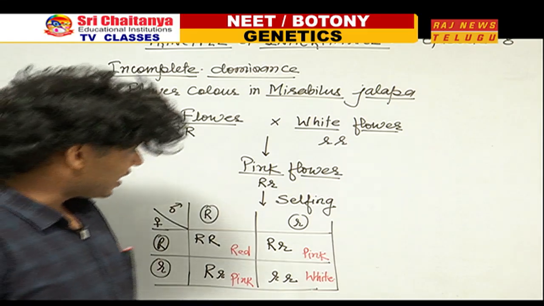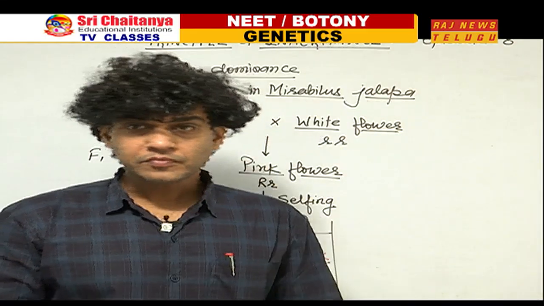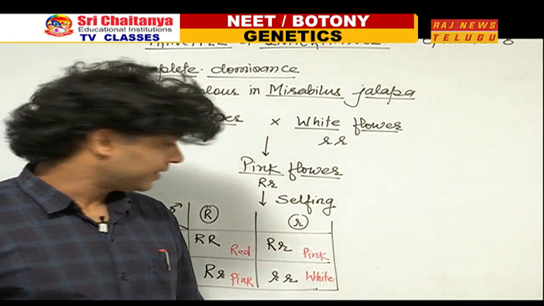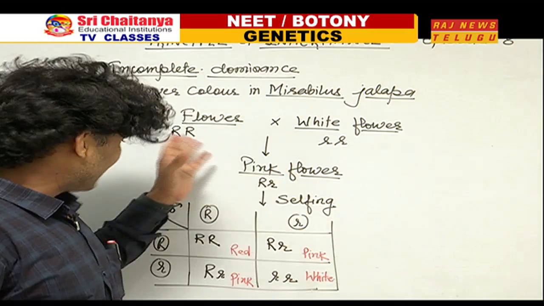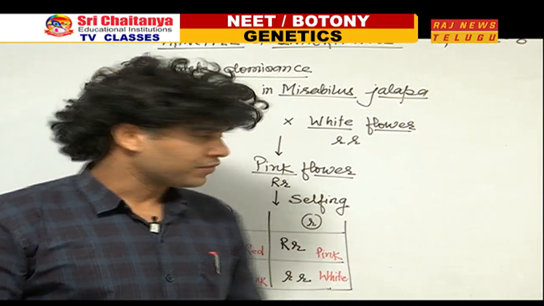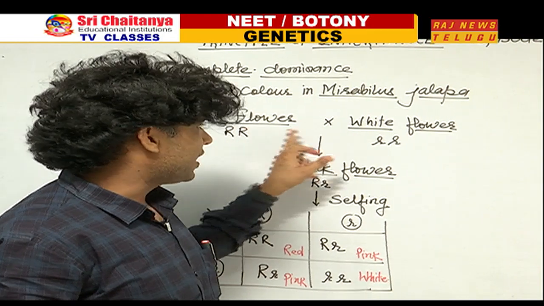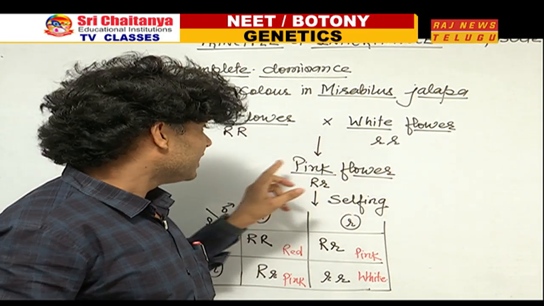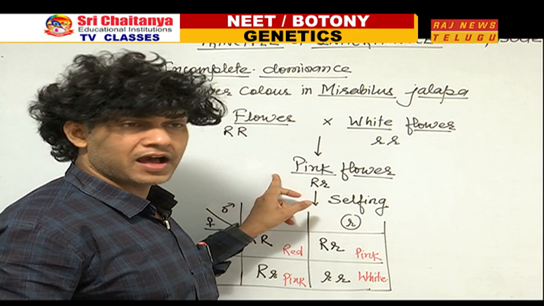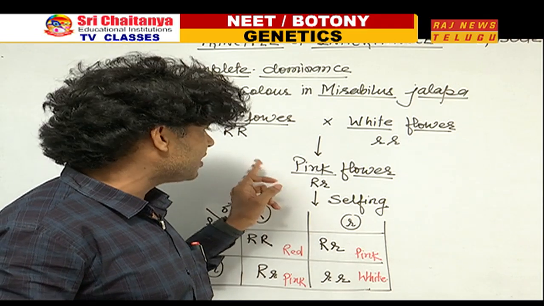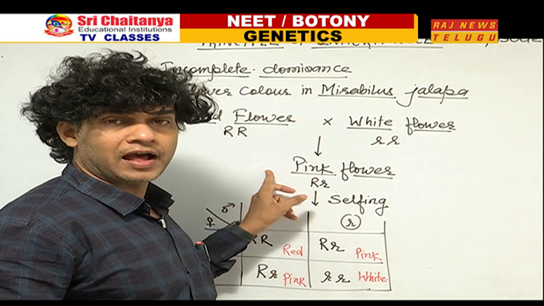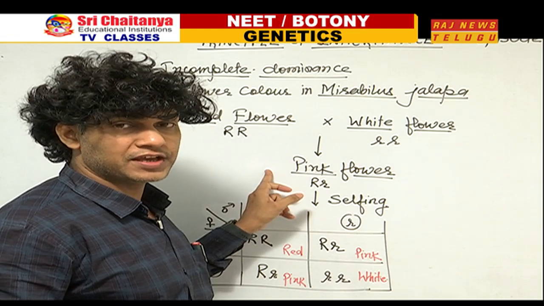So in this cross, you are watching that in the incomplete dominance case, the red flower plant when crossed with the white flower plant gives pink flowers in the F1 generation instead of red. This was not the case in Mendelian genetics.